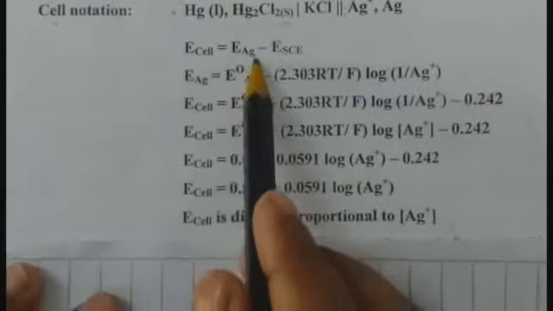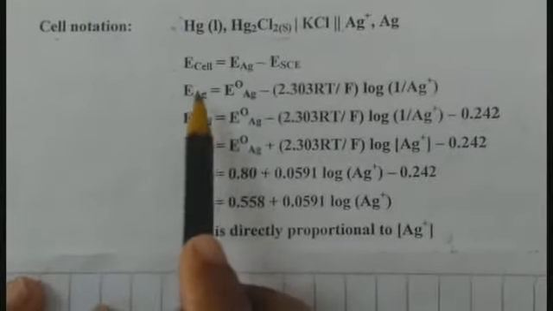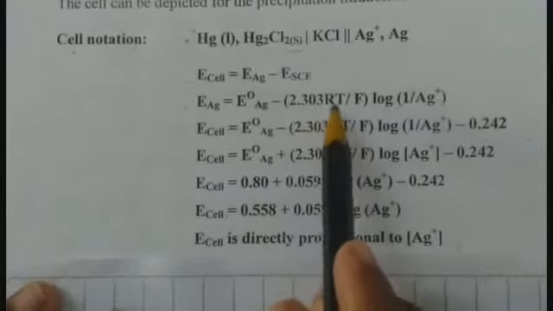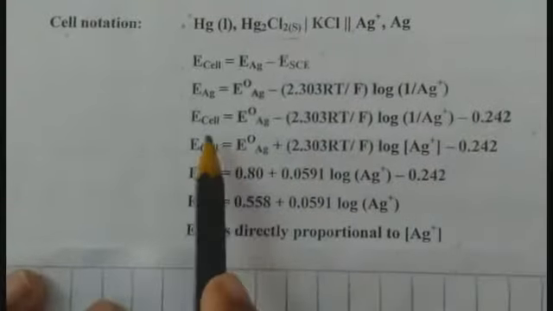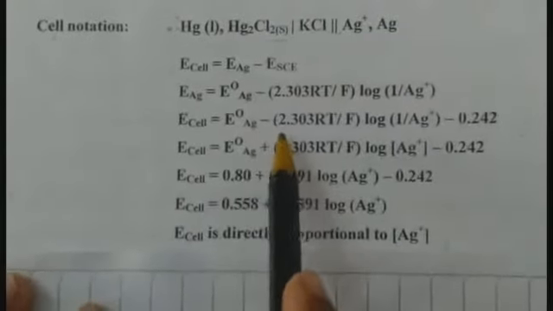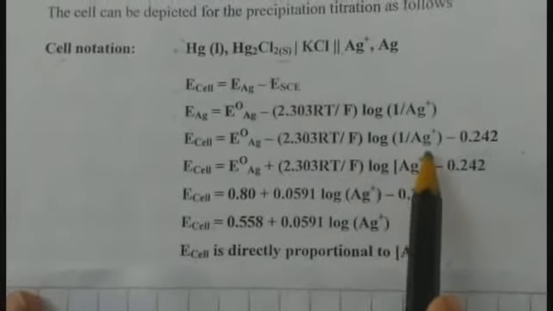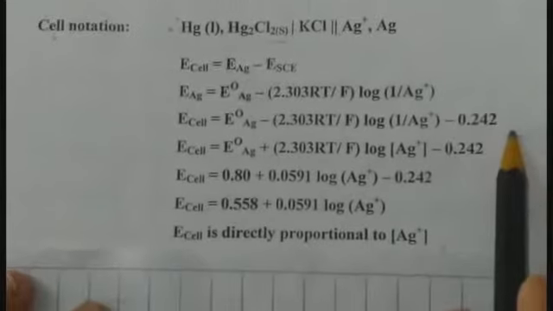E cell equals E Ag minus E saturated calomel electrode. From the Nernst equation, E Ag equals E0 Ag minus 2.303 RT by F log 1 by Ag+ concentration. E cell equals E0 Ag minus 2.303 RT by F log 1 by a Ag+, and this is the literature value for the standard calomel electrode.